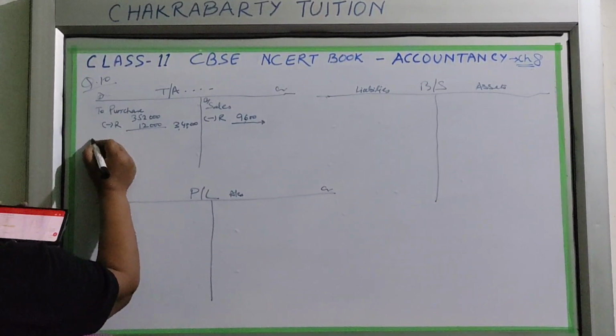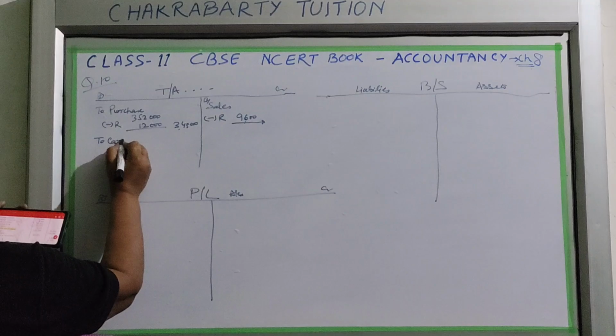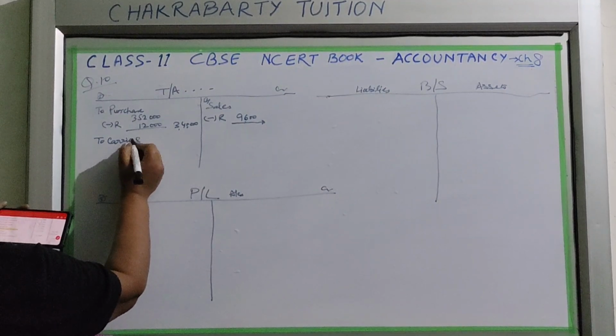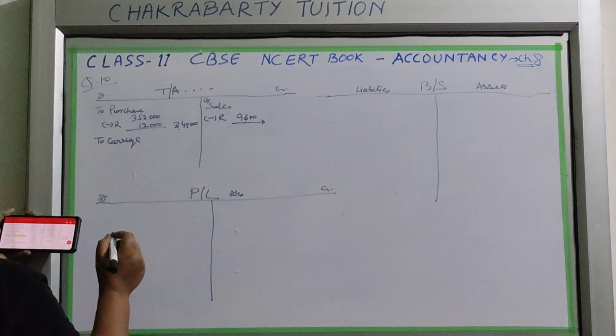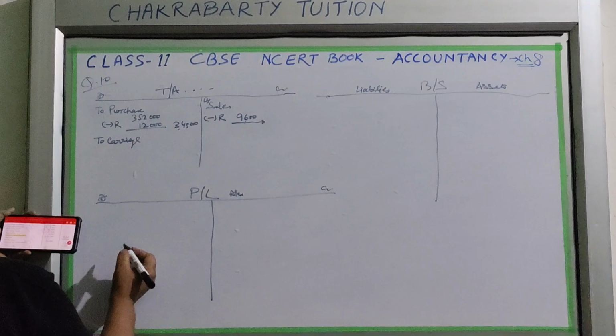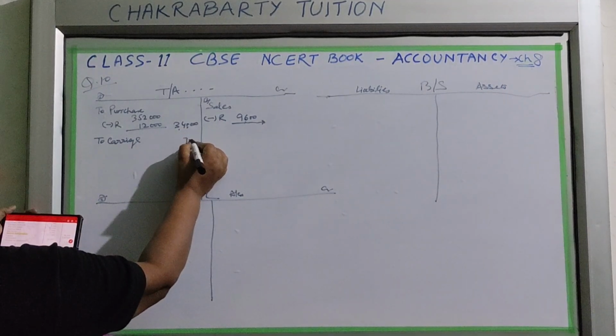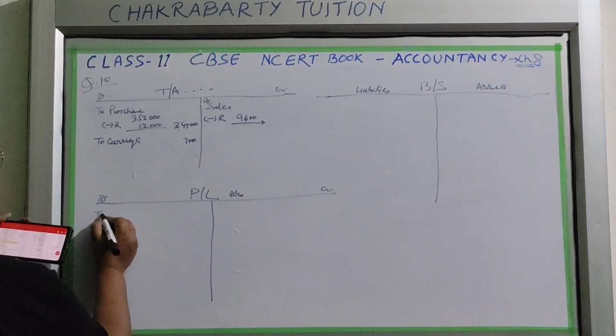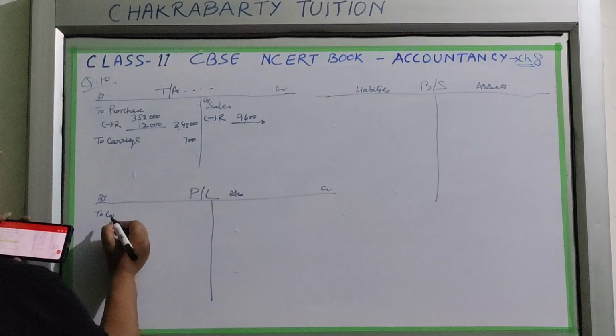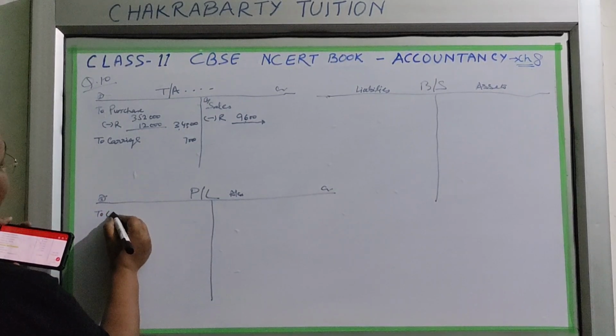Carriage inward, it will come here, because it is to bring the purchase to the point of sale. So carriage inward comes here, 7,000. But carriage outward will come here, because it is not up to the point of sale, it is after the point of sale.